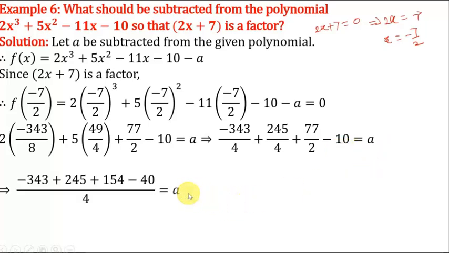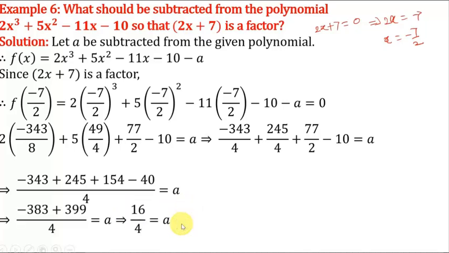Again, next simplification. We take 4 as LCM. Then 2 into 77 upon 2 into 2, minus again 10 into 4 upon 1 into 4, which gives 40. Therefore, minus 343 plus 245 plus 154 minus 40 upon 4, and that's equal to a.